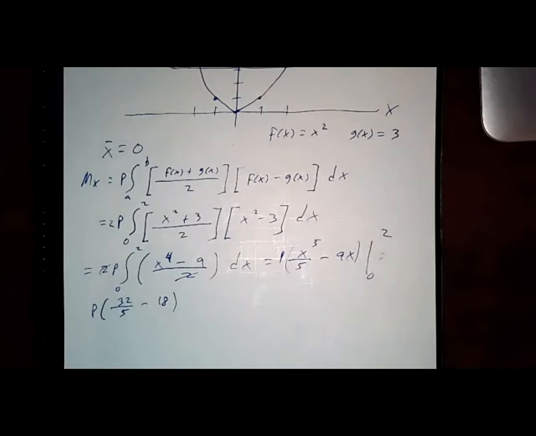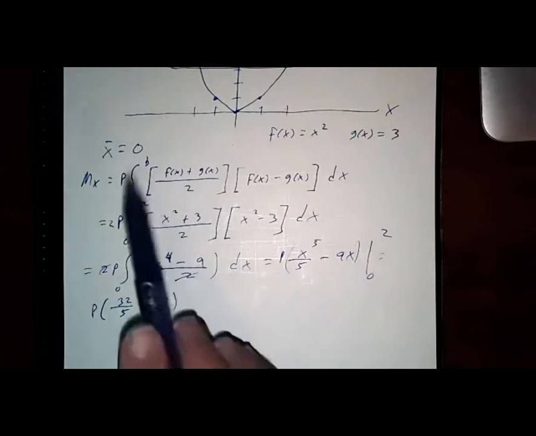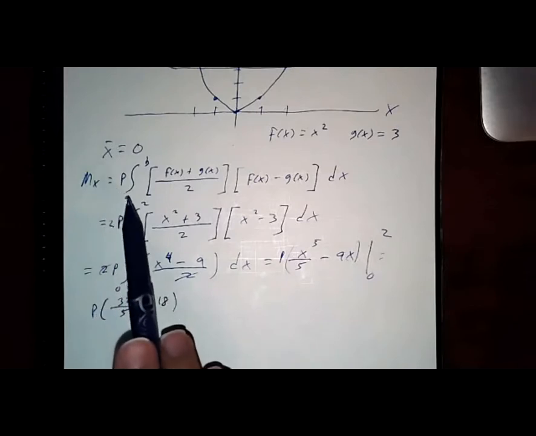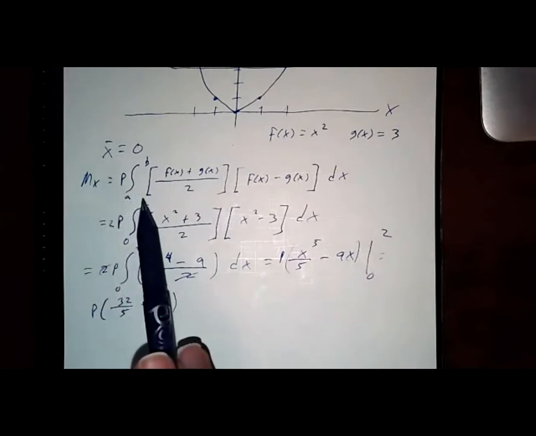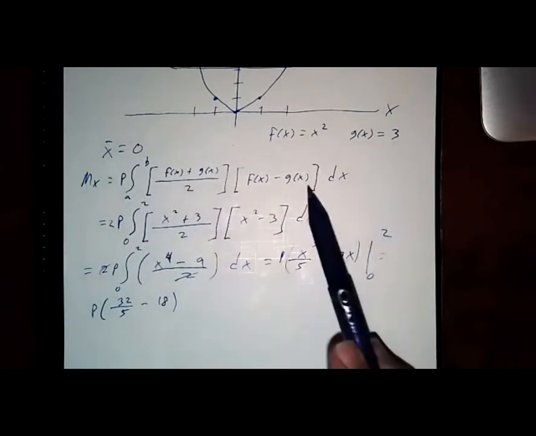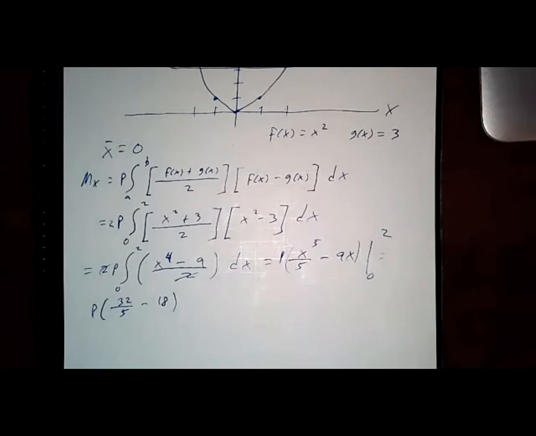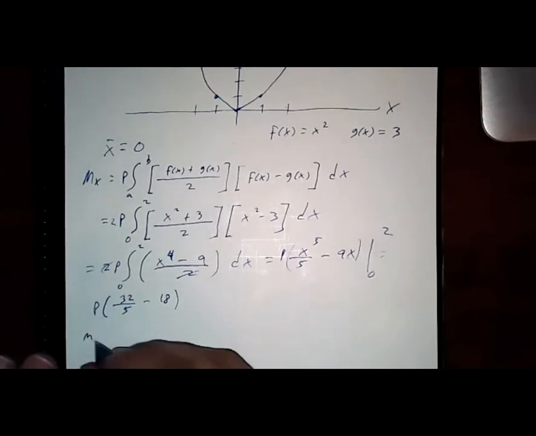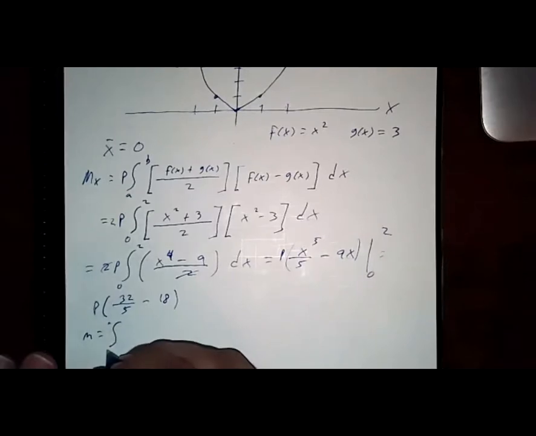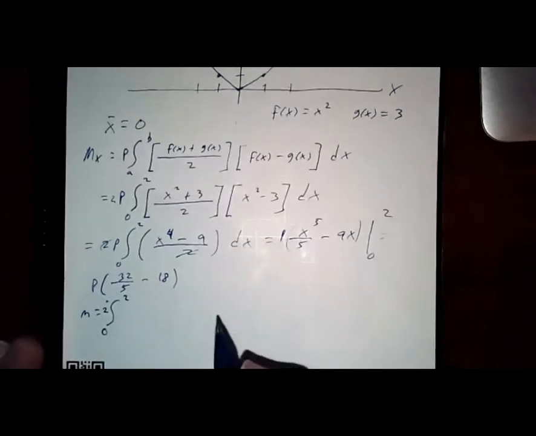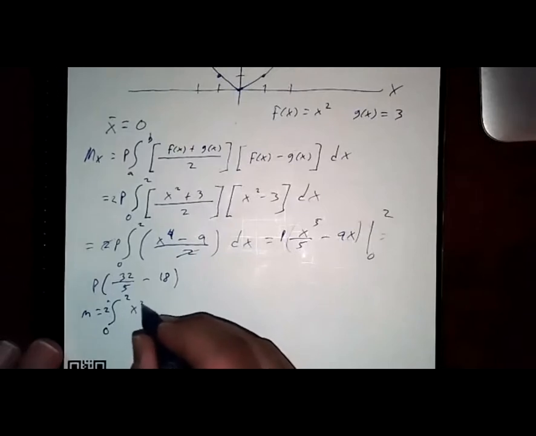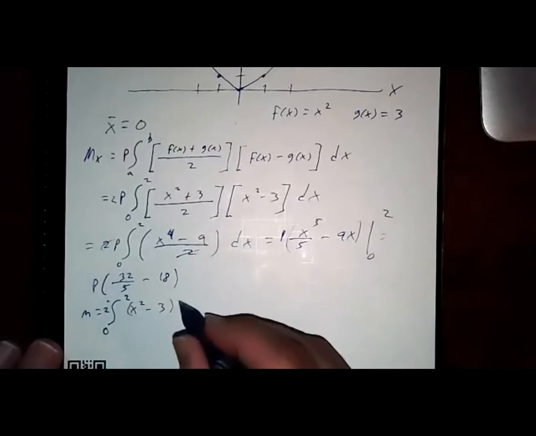Now I'll need my small m, because the formula to find the y bar requires Mx divided by m, where m is just the integral of this piece here. So little m is equal to the integral from 0 to 2 times 2, since I'm using symmetry, of x squared minus 3 dx.